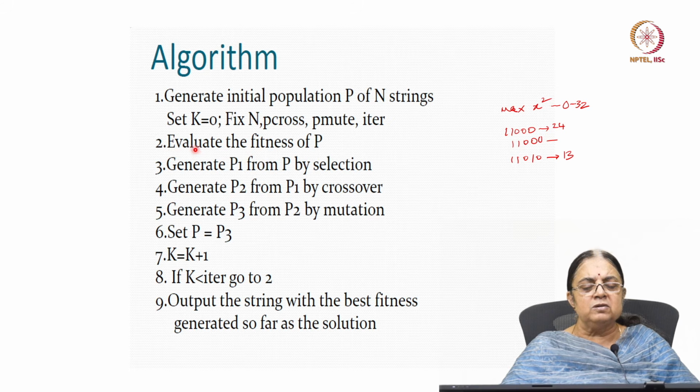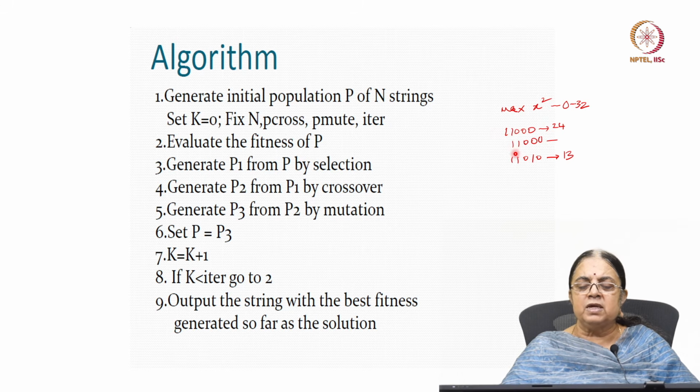First you evaluate the fitness of your population P. You will have n strings and you can find the fitness of these strings. For example, when you want to maximize x squared, you can find x from the string and square it, and that would be the fitness of the string.